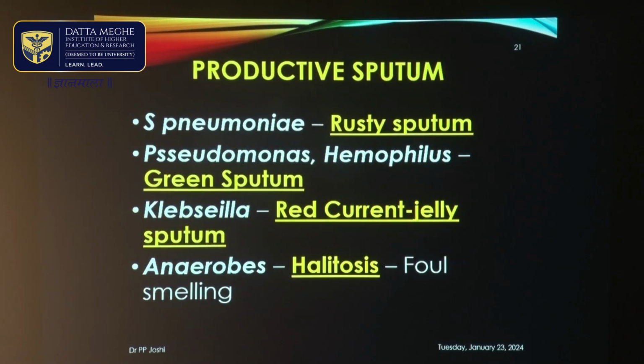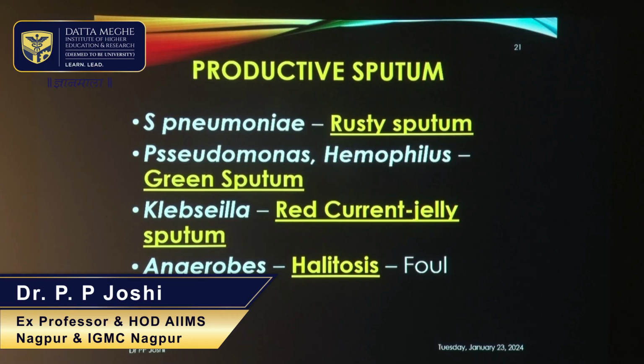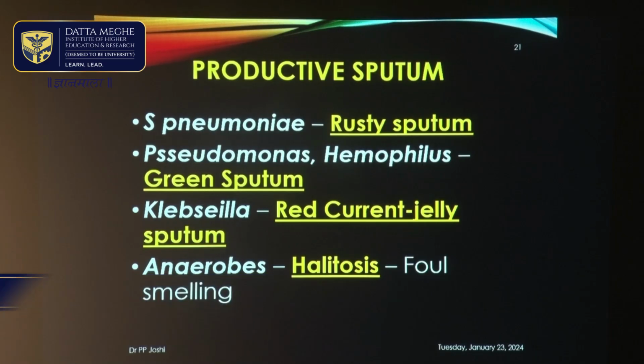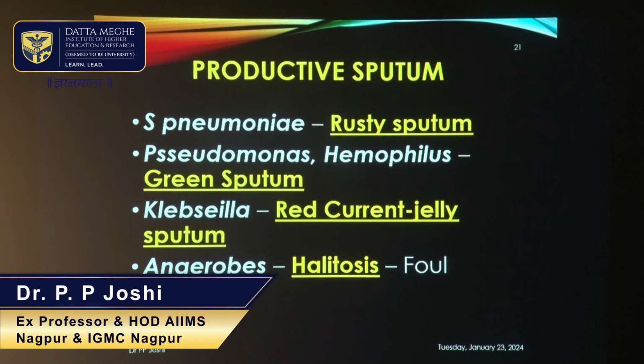Now, if you get a patient who has pneumonia or lower respiratory infection and is bringing out sputum, certain characteristics have to be inquired. If it is rust-like, it is called rusty sputum, which is seen with Streptococcus pneumoniae. Greenish tinge to the sputum is seen with Pseudomonas and Haemophilus influenzae. Pseudomonas are gram-negative organisms.